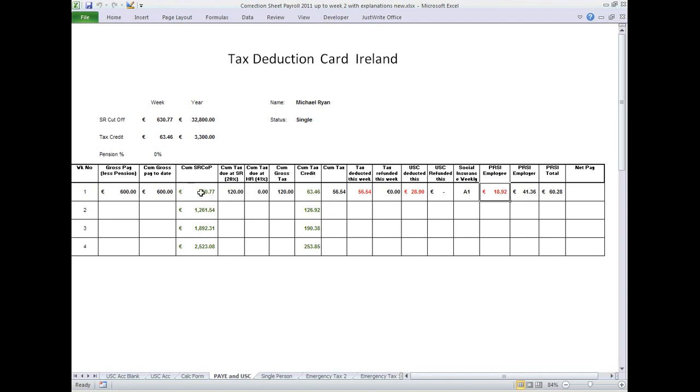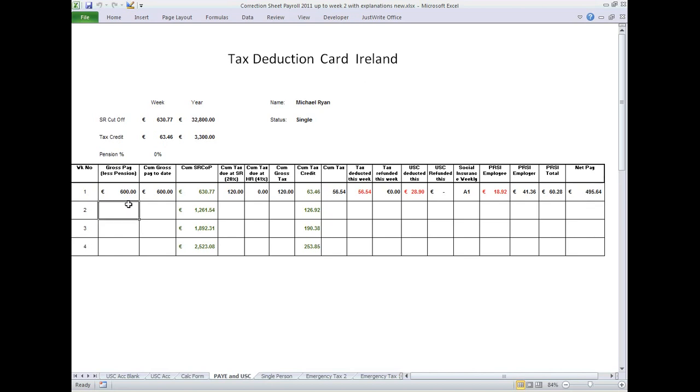So again there it is: his weekly gross pay, less tax deducted, less USC deducted, and less PRSI deducted, the employee's portion of the PRSI. So that will give him 495.64. So you can replay that if you're not very clear on it.